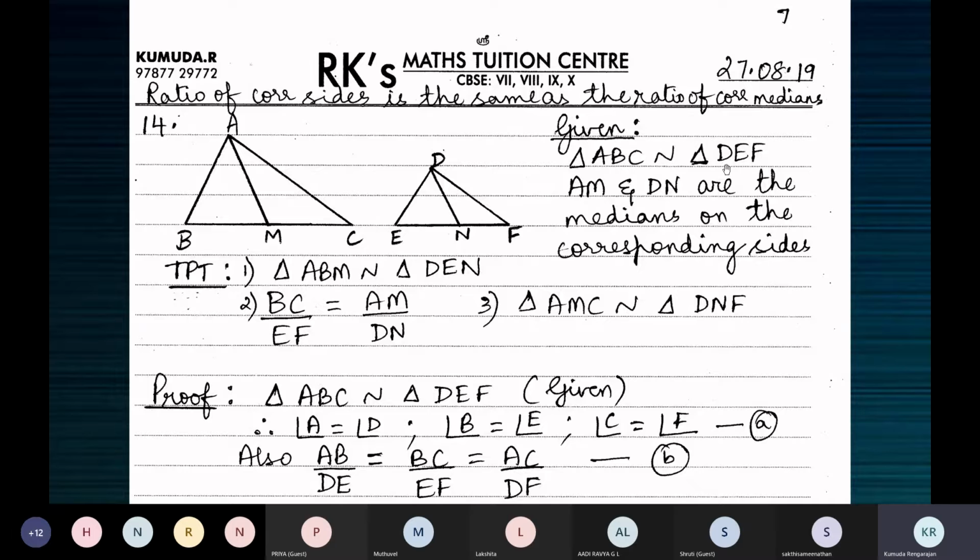So what is given to us? Two similar triangles, and then we have the medians falling from the corresponding vertices, or medians falling on the corresponding sides. Given this, we need to prove these results. Clear, children? Clear about what we are going to do?